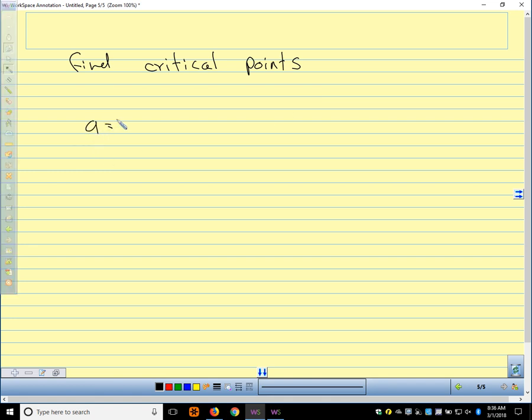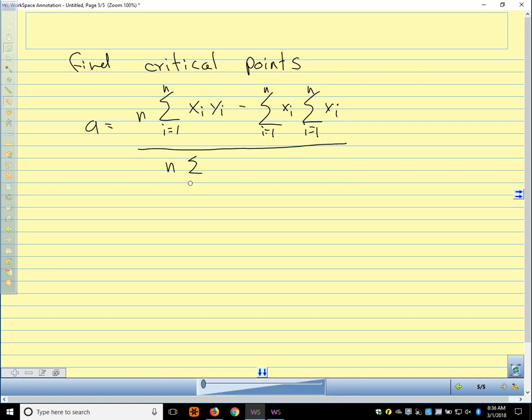We get that a is n times the sum, i equals 1 to n, of x sub i y sub i, minus the sum of x sub i times the sum of y sub i, over n times the sum of x sub i squared, minus the sum of x sub i, quantity squared.